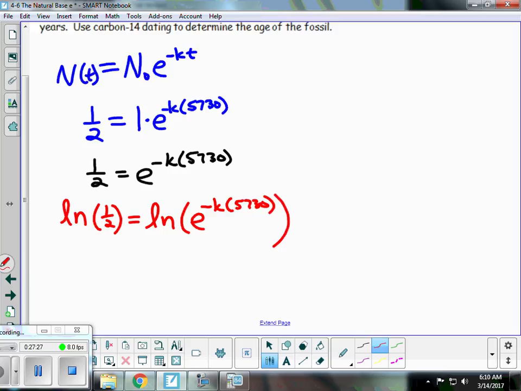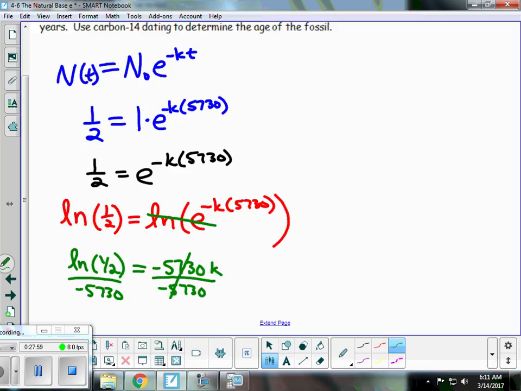And the nice thing is that the natural logarithm of the base E cancels. Then we just have the natural log of 1/2 equals negative K, and I'm going to multiply all that together, so that would be negative 5,730 K. To solve for K, we divide by negative 5,730 on both sides.